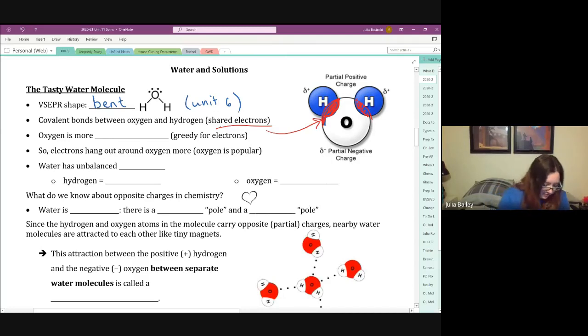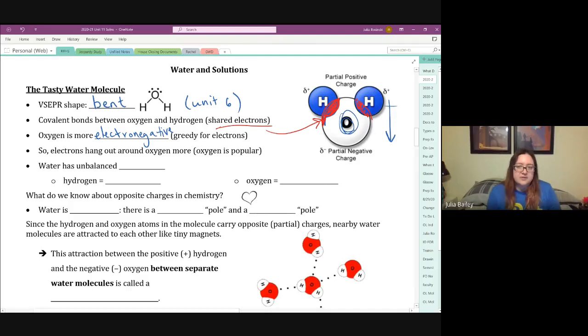Oxygen is more what we call electronegative, which means it's more greedy for electrons. It's sort of like a magnet, where all the electrons just go hang out over on the oxygen side, and that leaves you with a positive side where the hydrogens are, because all the negative electrons are more attracted to that oxygen nucleus, so they just hang out over there.